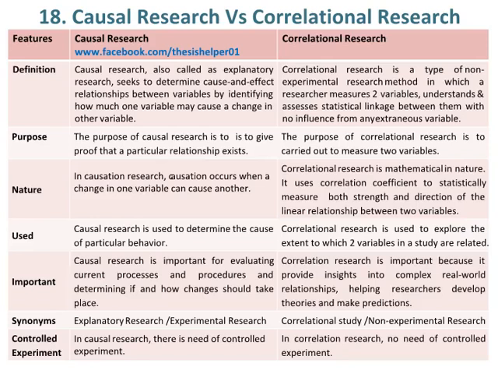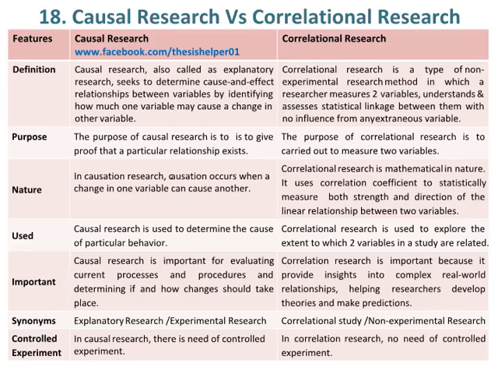It uses a correlation coefficient to statistically measure both the strength and direction of the linear relationship between two variables. Causal research, or conclusive research, is used to determine the cause of particular behavior, whereas correlational research is used to explore the extent to which two variables in a study are related.